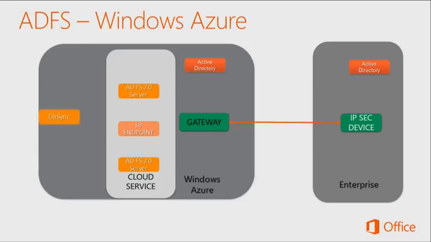We can run that up in Azure as well. Your whole DirSync, your whole ADFS, your Active Directory can run in Azure. So this would be really good for maybe a company that's going completely mobile.